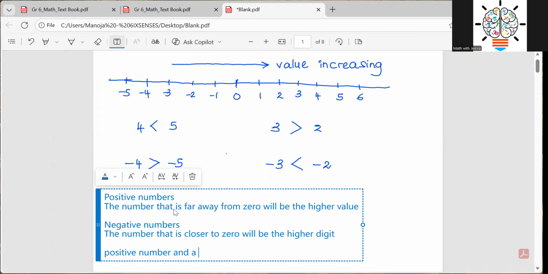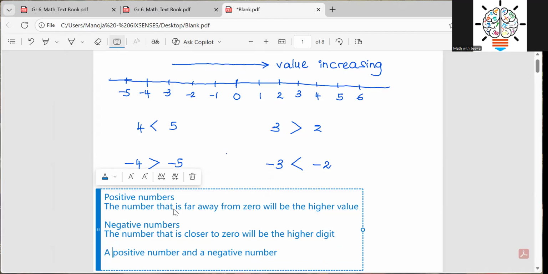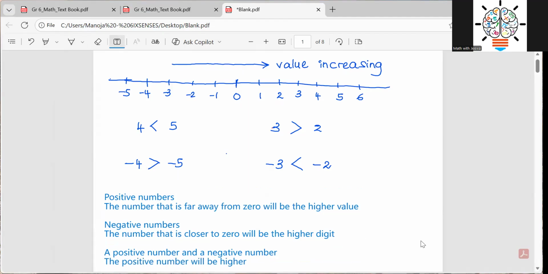Then what happens? Definitely the positive number will be bigger, right? So it's obvious, the positive number will become the higher value.